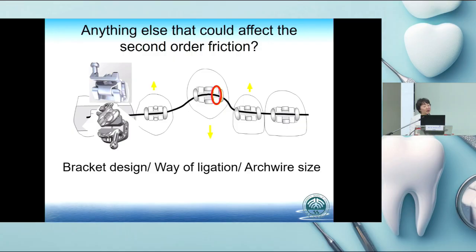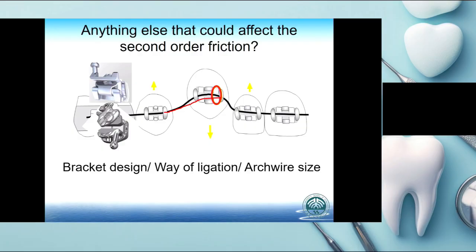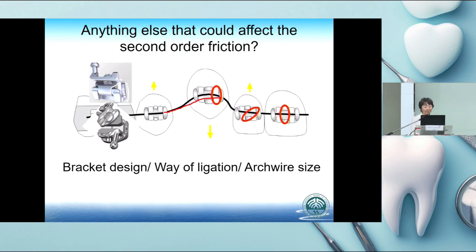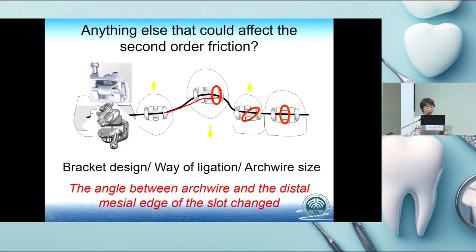Or maybe we can adjust the way of ligation. We only ligate one wing, distal or mesial. You will change the angle between the archwire and the bracket. And of course, we can change the size of the archwire. The angle between the archwire and the distal mesial edge of the slot changes when we change the way we ligate.